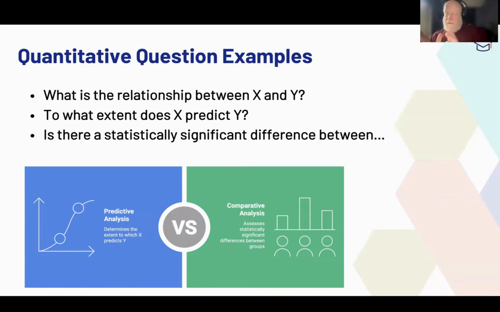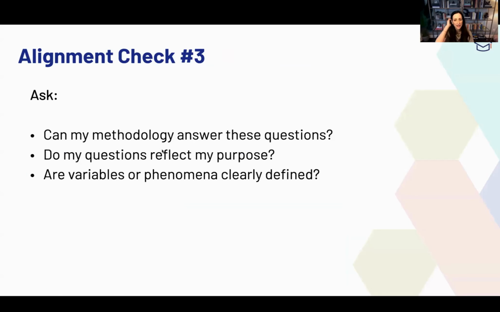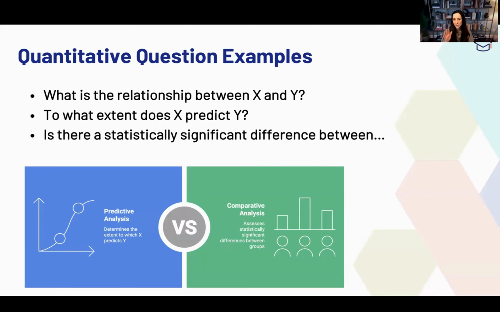Or is there a statistically significant difference between something? So the way you write questions and the words that you use really do matter. They have meaning that brings meaning to your study. It guides you.